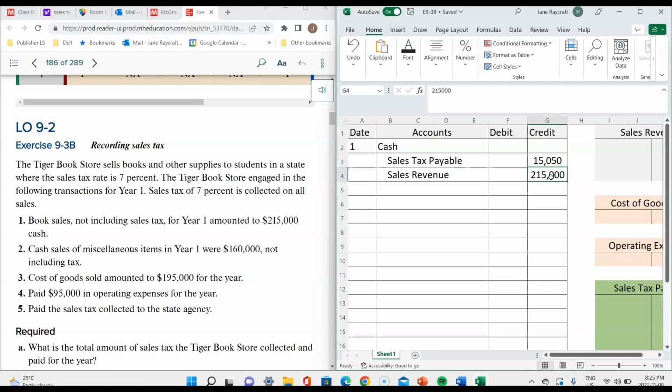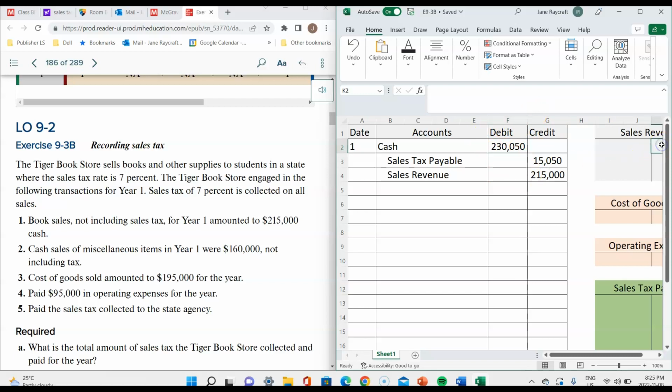So there's my sales tax amount, and my cash I'm going to have to get from my customers is a combination of those two. So of course the cash I get is going up by the sales tax and the revenue.